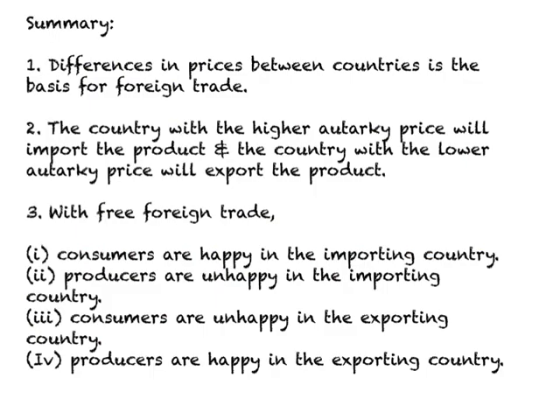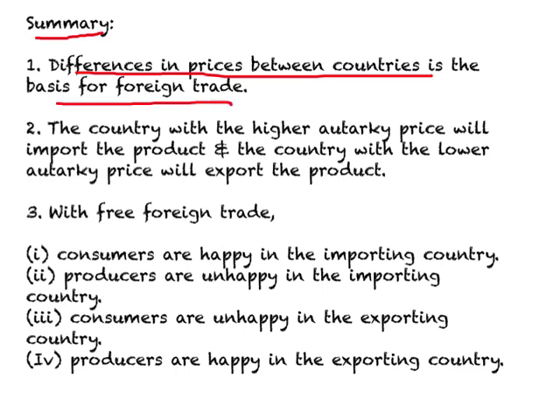Let us just summarize what we have learned through partial equilibrium analysis about foreign trade. So here is a quick summary. The first thing we learned is it is the differences in prices between countries that becomes the basis for foreign trade.